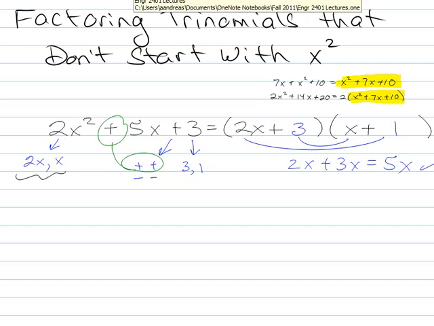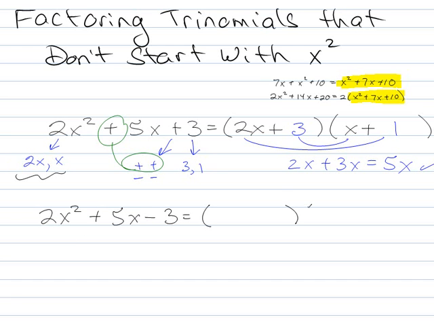Let's try another one. Let's try 2x squared plus 5x minus 3. Okay, like this. Alright, so again, I'm going to come in here and say, well, there's only one way I can get this. I can take 2x times x. I'm going to write these 2x times x.